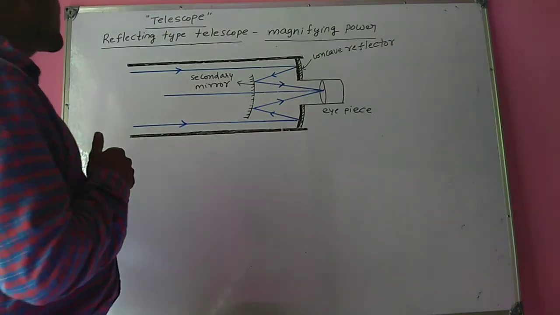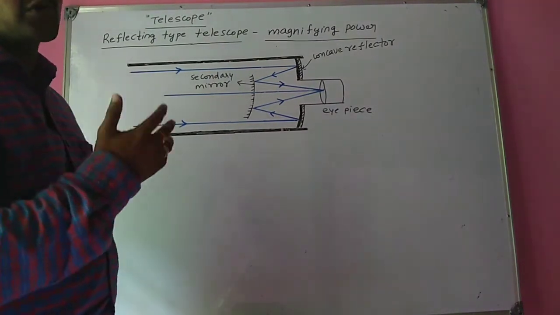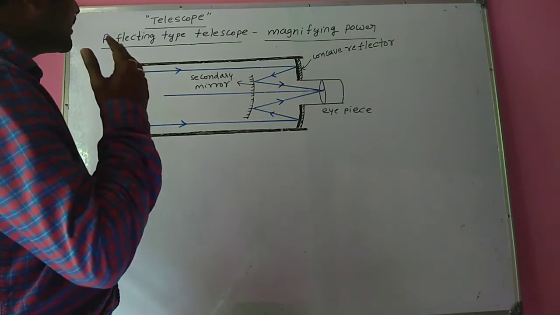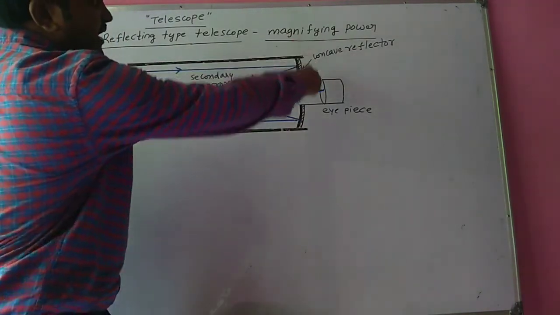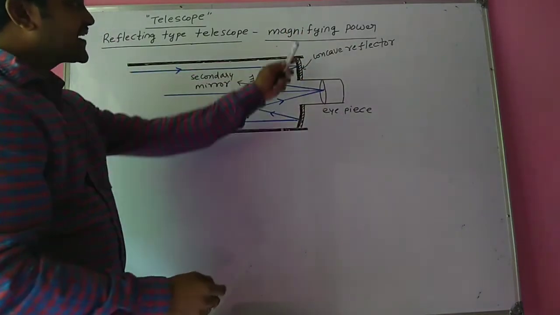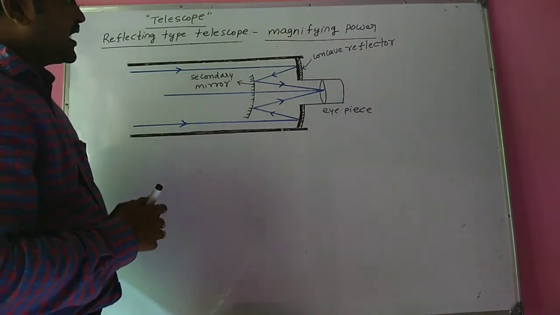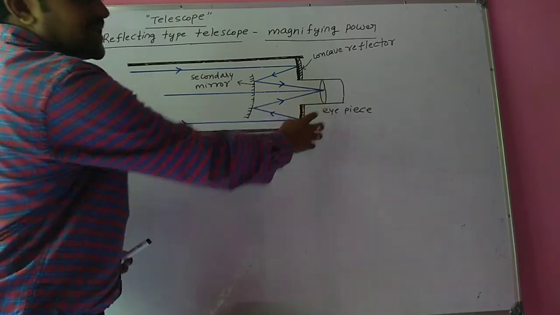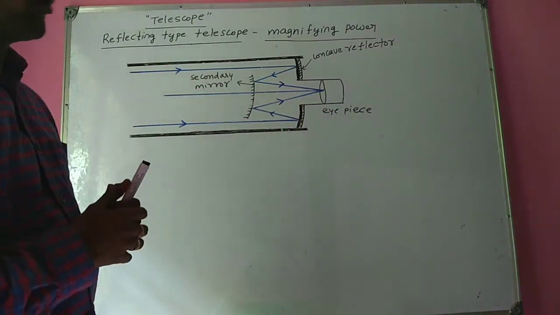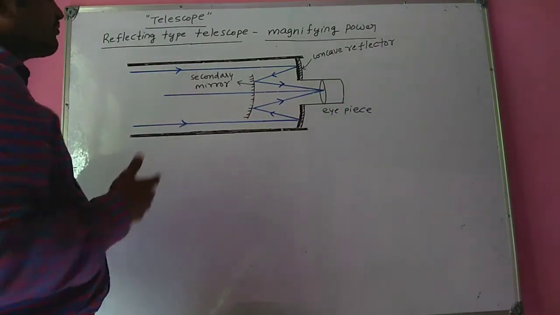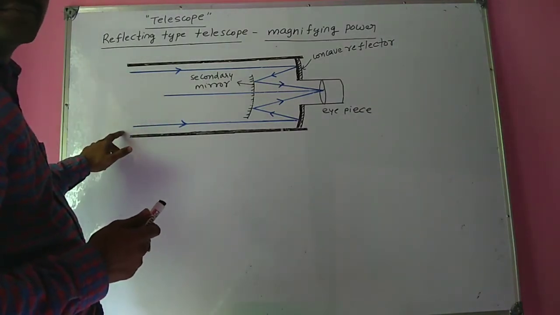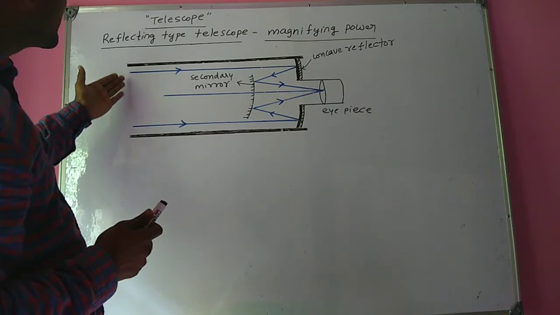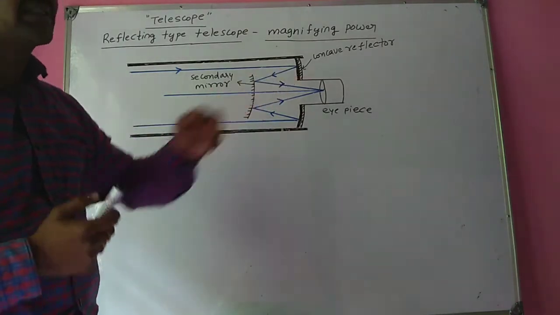Now already we have discussed that in a reflecting type telescope, the objective is a mirror, a concave mirror. So this is the concave reflector. It acts as the objective. And this is the eyepiece. The eyepiece is a lens only. If you observe the working, these are the light rays coming from the object. For distant objects, generally these light rays are parallel to the principal axis.